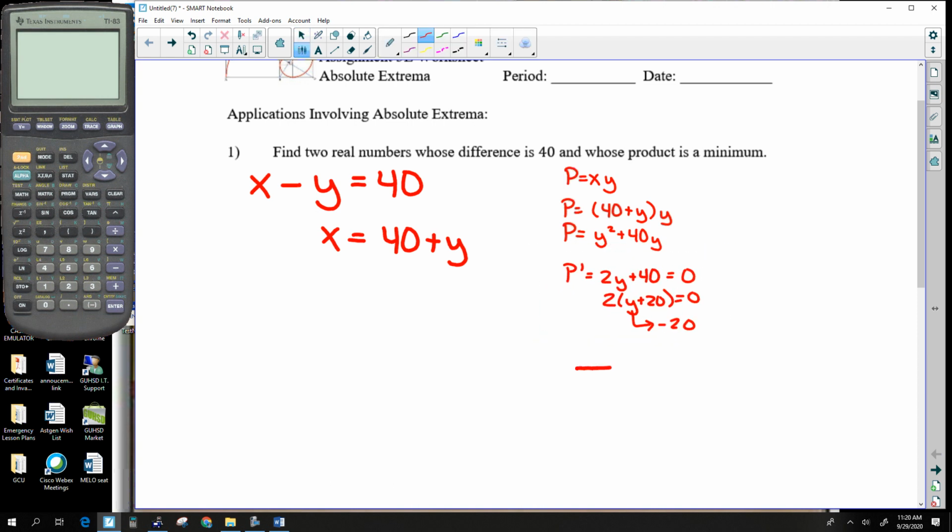Go ahead, test that out. Notice how it's saying any real numbers this time. It's not saying that they have to be positive.